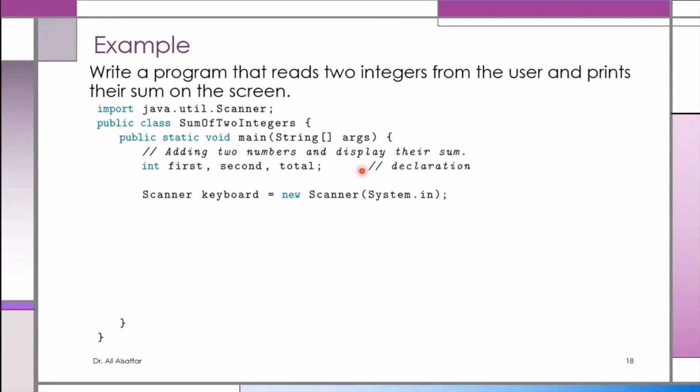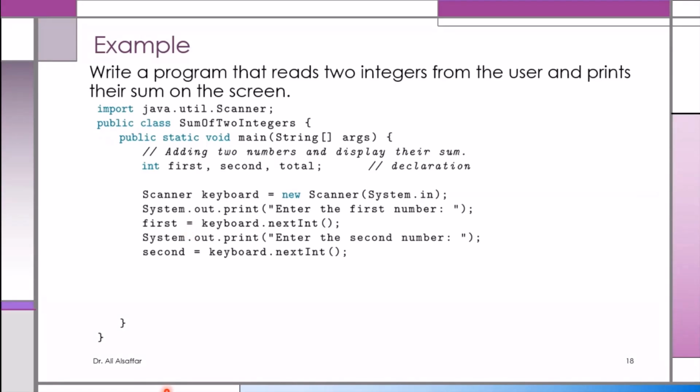I define the variables before using them. I defined 3 variables: first, second, total, one for the first number, the other for the second number, and finally for the total. So these 2 will be input, and this one will be used for output.